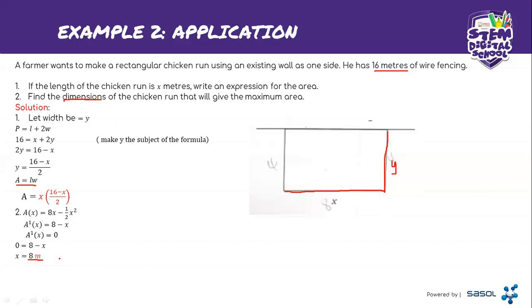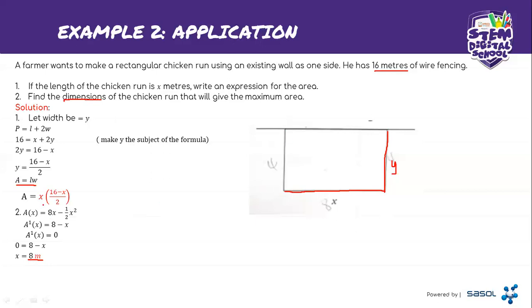8 meter. So it's very clear that since the length is x, and we have just determined x, it shows that the length is 8 meter, right? But we don't know the other dimension with it, which is the width.